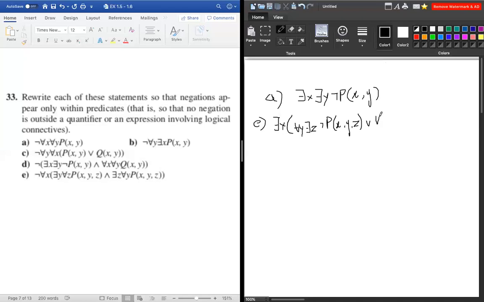And then this becomes for all Z, there exists a Y, negation of P of X, Y, Z. Okay, so this is relatively easier compared to the other questions.